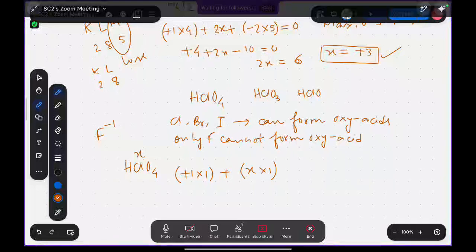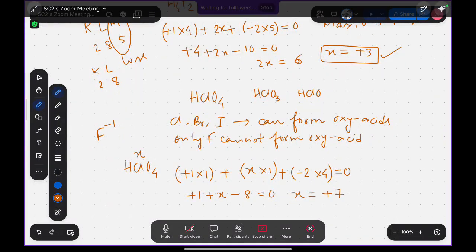I hope you know it, because hydrogen is less electronegative than both chlorine and oxygen. Now the next one is oxygen. Let's take -2 first, -2 into 4 is equal to 0. So it is +1 plus x minus 8 is equal to 0. So x comes to be +7.